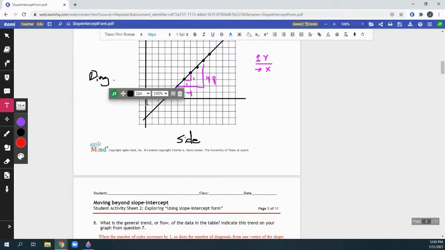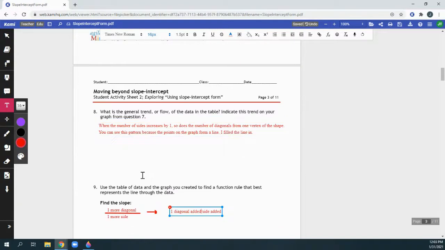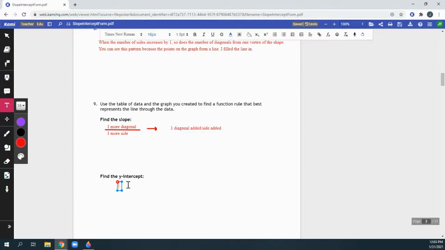Where is it? Well, it's negative 1, 2, 3. Often we'll just say negative 3 for the y-intercept, and that's perfectly okay.